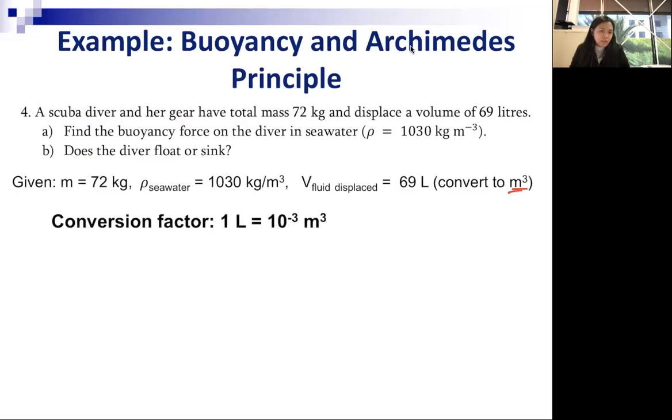Have a think of how you can solve for the buoyancy force given what the problem gives us and the conversion factor from liters to cubic meters.